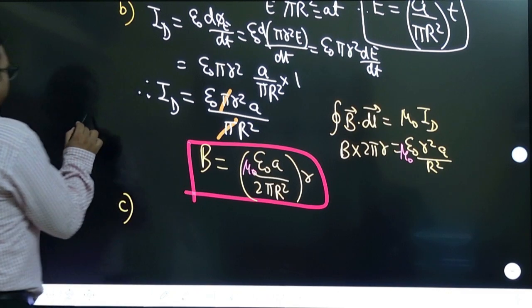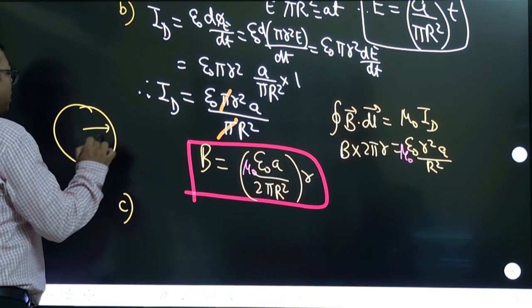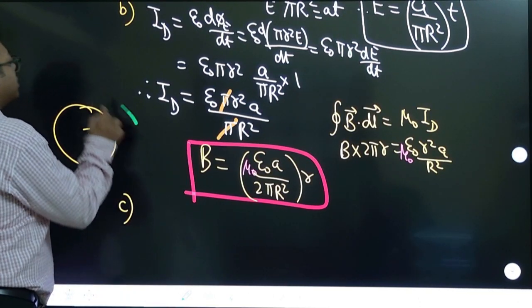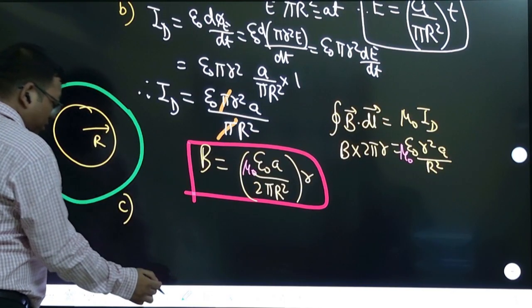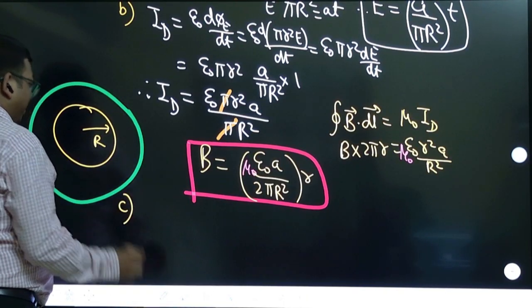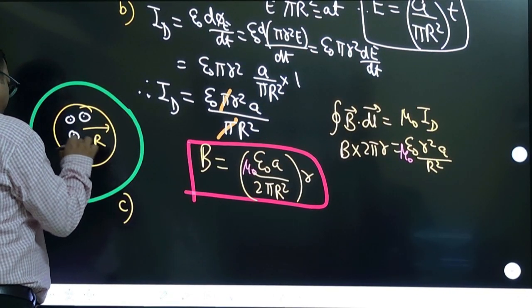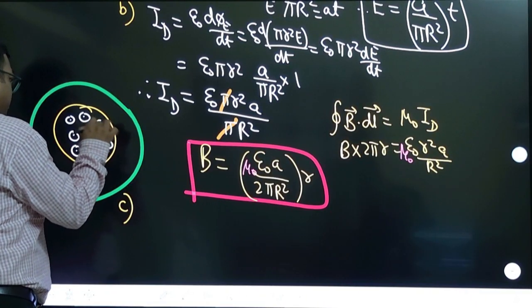Next part, you are taking a region beyond this capital R. Note that now you are choosing a loop beyond this capital R like this. But I am assuming that the field is only present in this space.